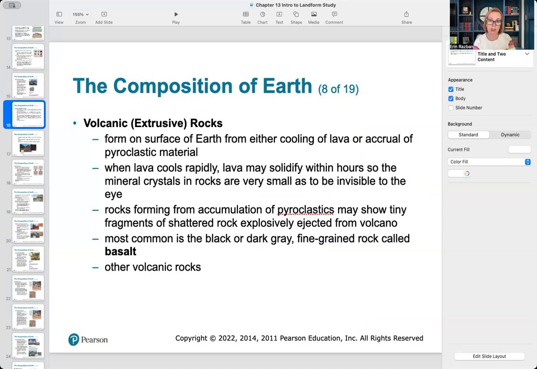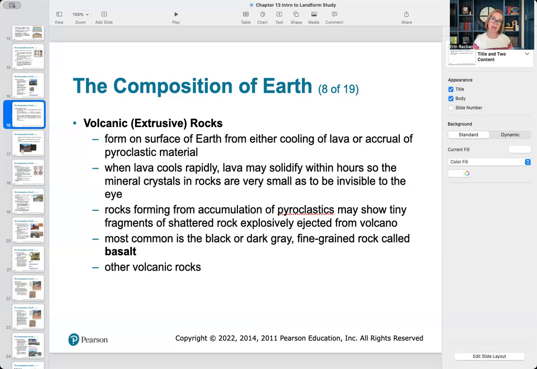Volcanic or extrusive rocks cool rapidly on the surface, resulting in small crystals or even glass-like textures. Basalt, which makes up much of the ocean floor, is the most common extrusive rock.